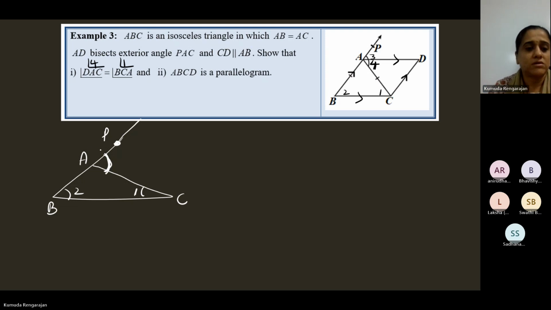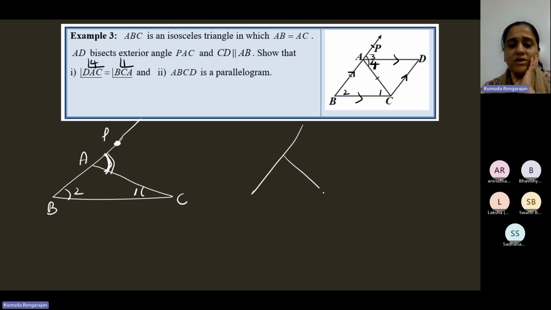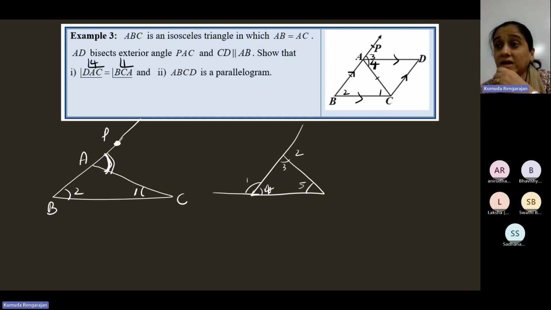So, yeah, that's a property. Repeat now, Sahana. Or tell me in this triangle. No, not in this. Okay. What is angle 1 equal to by the property? Angle 3 and? Very good.